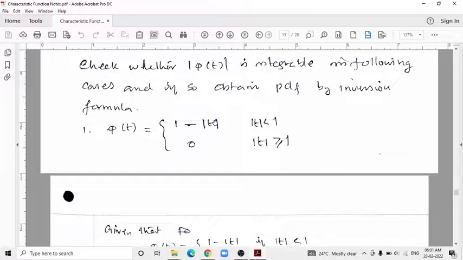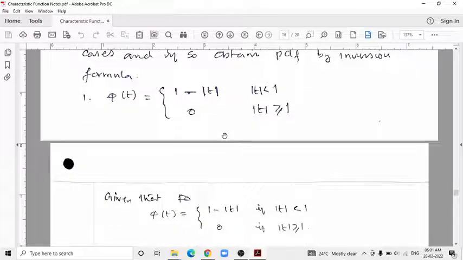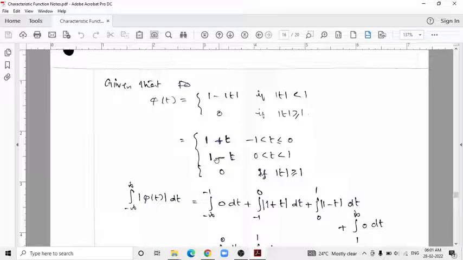So first of all, we examine whether this phi t is absolutely integrable, that is, integral minus infinity to infinity modulus phi t dt. So this is taken as minus infinity to minus 1, then it is 0 because for modulus t greater than 1, phi t is 0. Then another section is from minus 1 to 0. So minus 1 to 0 means 1 minus minus t. That second minus t is to have the modulus t.